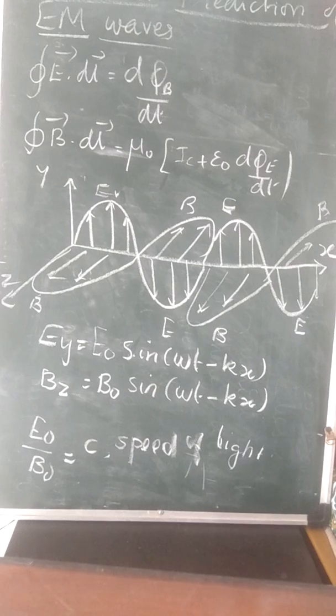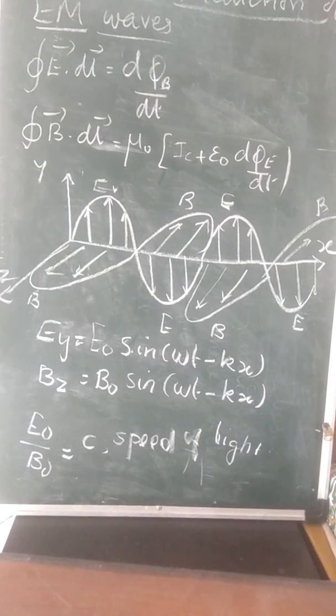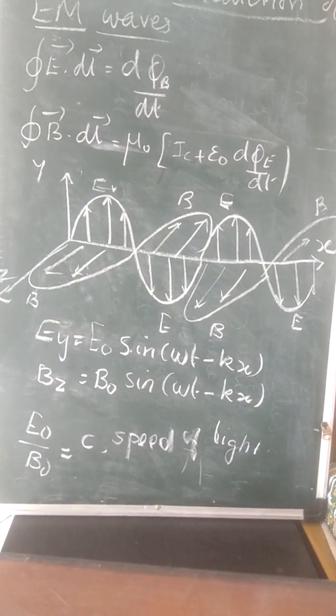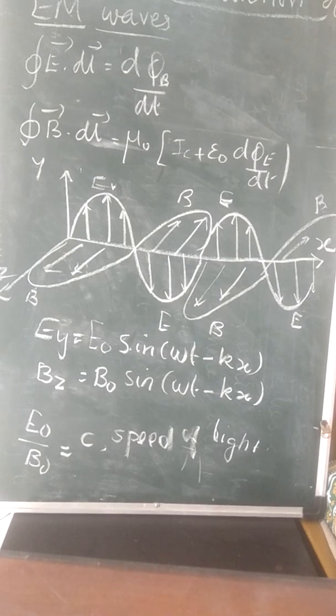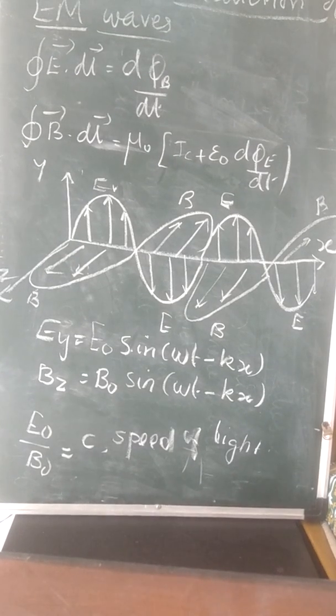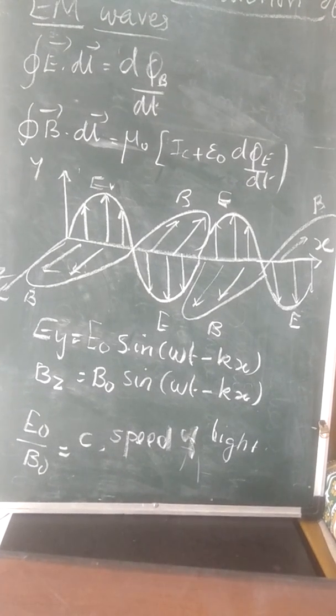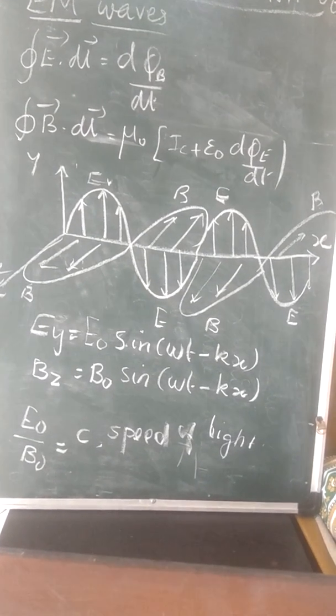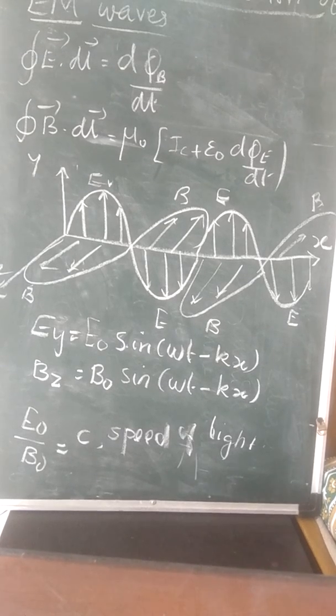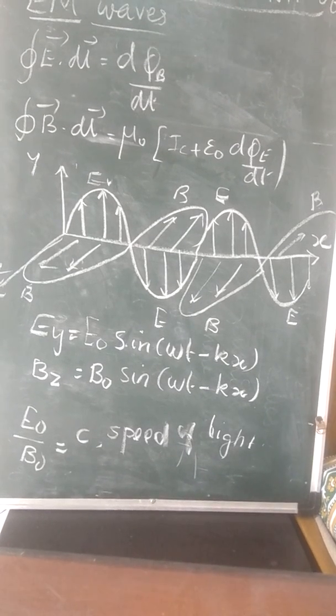A time varying magnetic field is a source of changing electric field. A time varying electric field is a source of changing magnetic field. That is, change in either field produces the other field.